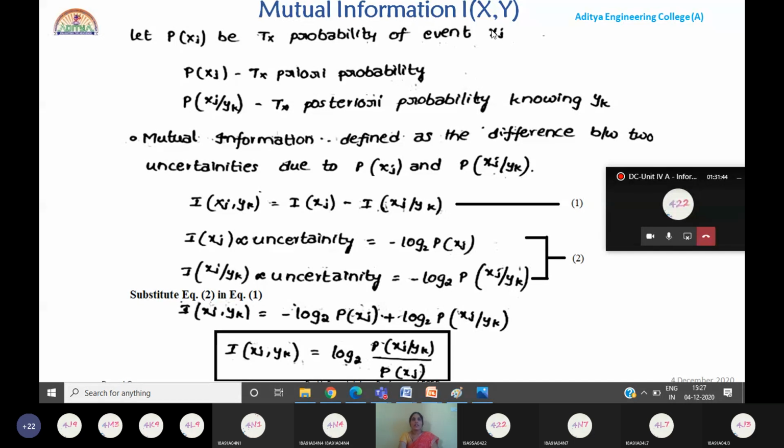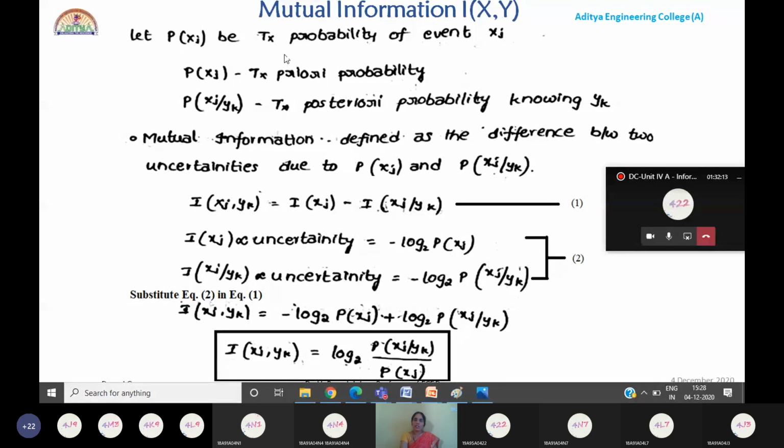Here we are defining the probability of transmitter event as p of xj. P of xj is the probability of the transmitter events where j ranges from 1 to m.